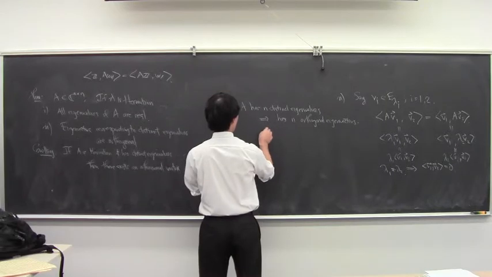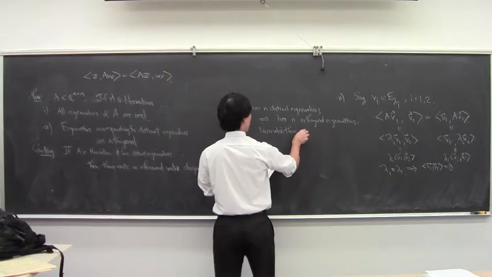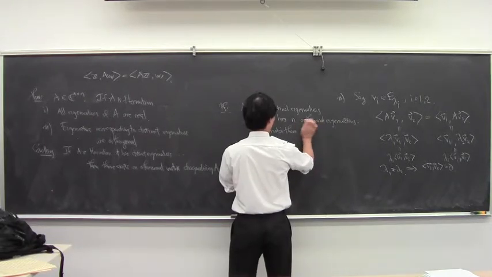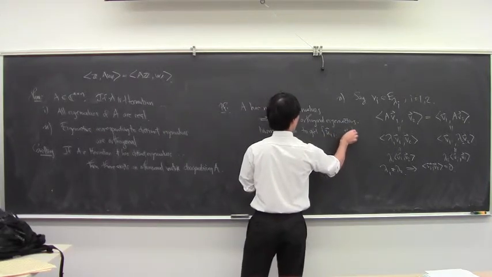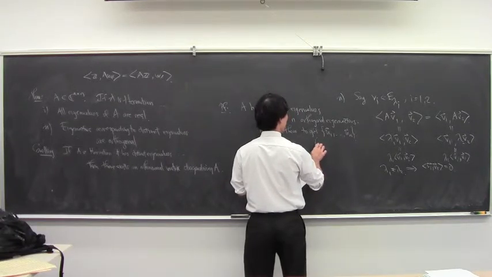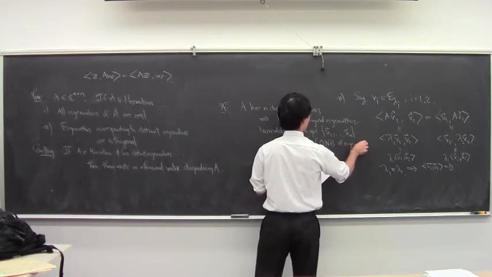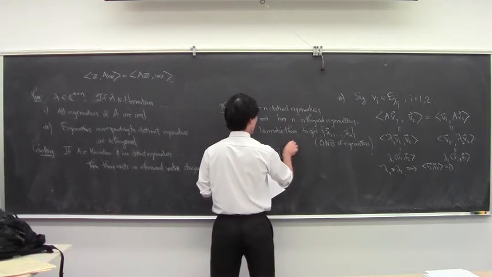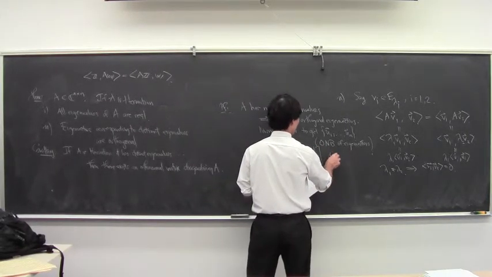So then normalize them, and you get these vectors u1 through un, which are an orthonormal basis of eigenvectors. Then the matrix U that you make out of these vectors diagonalizes A.